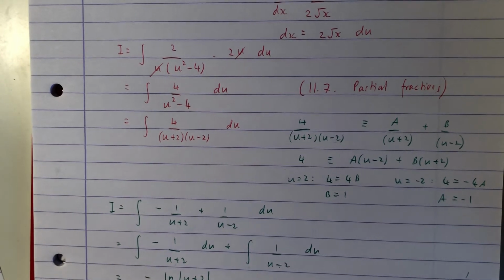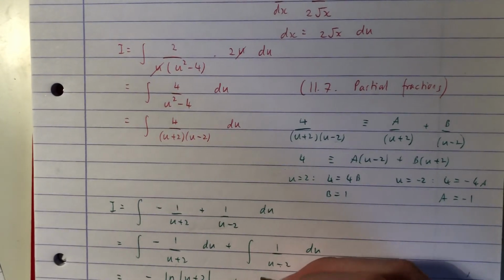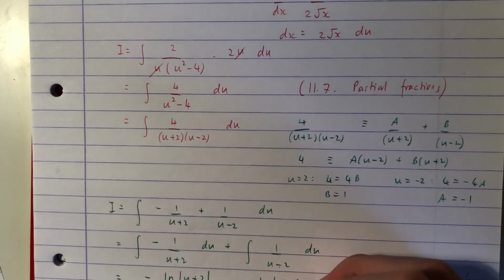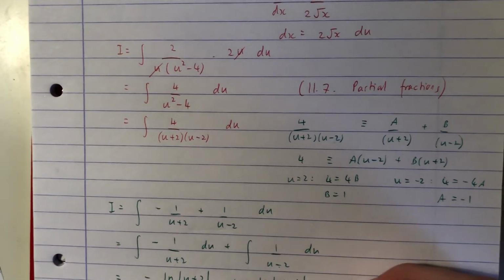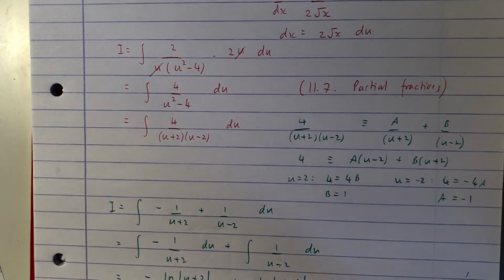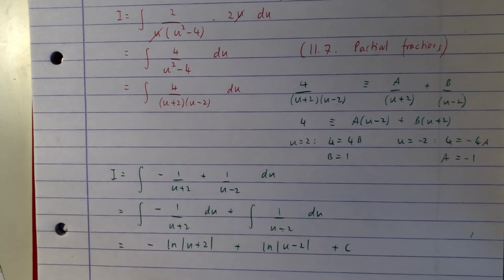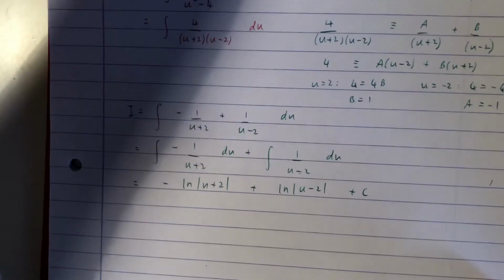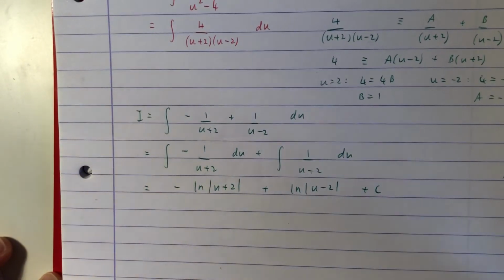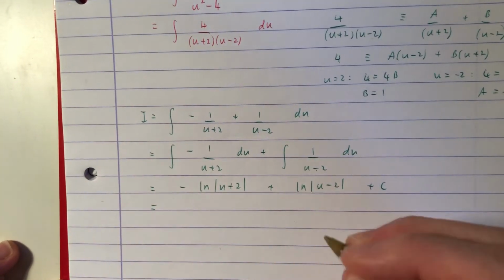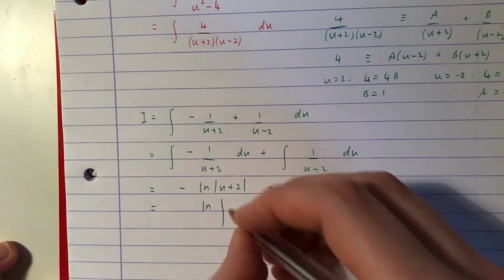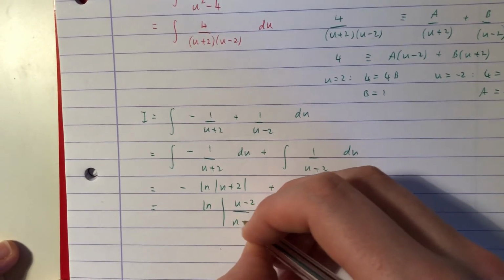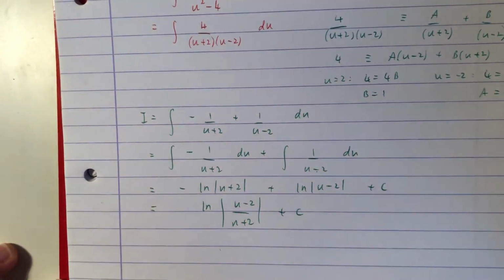That'd be minus ln of u plus 2, that'd be plus ln of u minus 2, remember the plus c, and you can actually write this as a single ln. So this is the same as ln of u minus 2 over u plus 2, plus c.